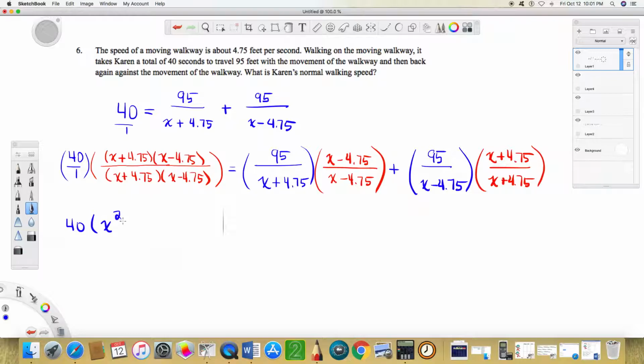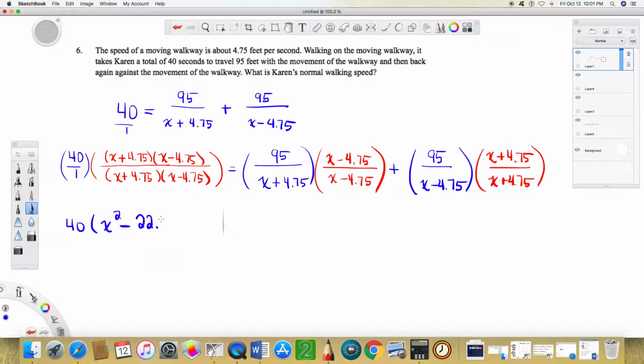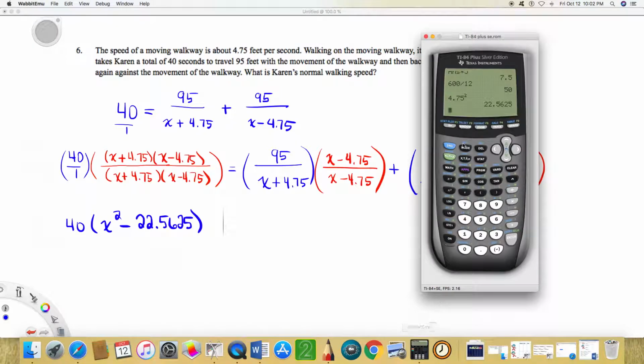So x squared minus, well, let's take our 4.75 and square it. 22.5625. Is that right? Yeah.